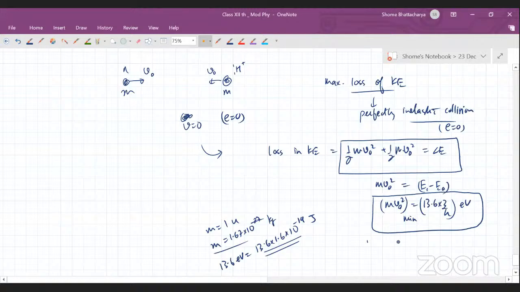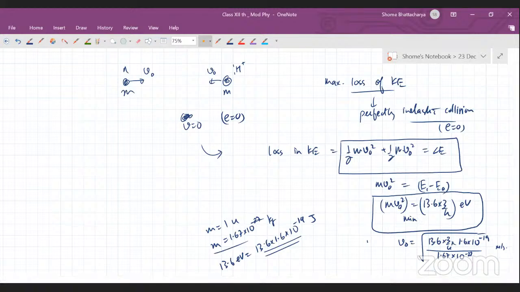So do that and get this v naught in terms of meters per second. Okay, we have taken the mass of neutron to be equal to the mass of hydrogen atom as instructed in the question. So hope this is clear, Aditya.